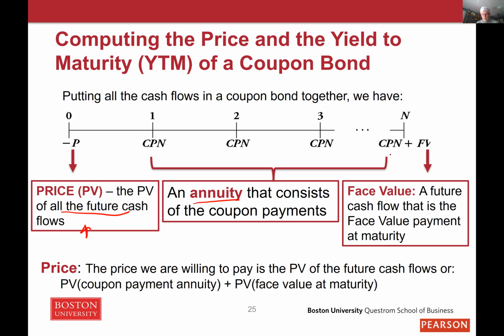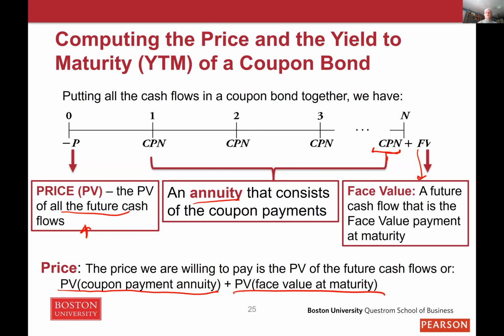And as you look at this little bracket here, this bracket is including that coupon in the annuity. So there's where that last coupon is part of your annuity. And we are getting the face value as a final payment at maturity. So we're going to pay the present value of the annuity and the present value of the face value at maturity.